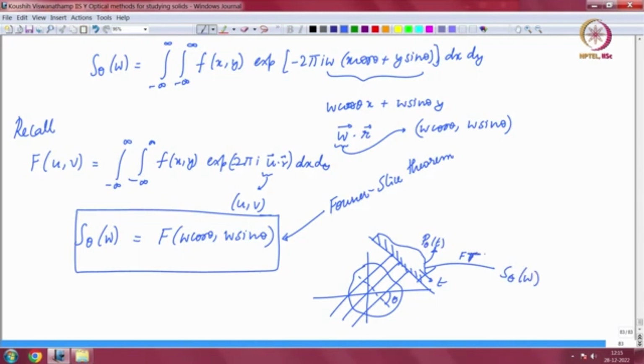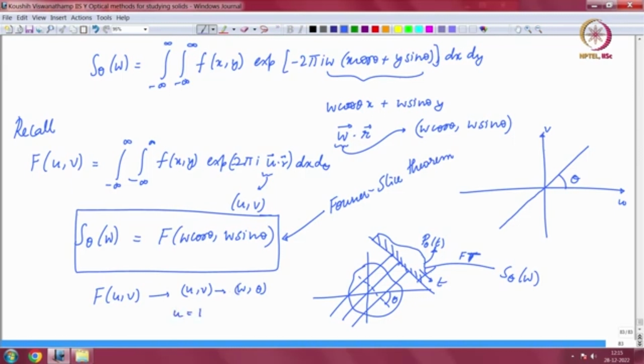And the Fourier slice theorem basically tells you that if you go back to the frequency domain of u v, it gives you the value of the 2D Fourier transform along a ray, not along any ray, but along a ray at an angle theta. Because remember, this is F of u comma v, and if you convert u comma v to polar coordinates w comma theta, then u is equal to w cos theta, v is equal to w sin theta.